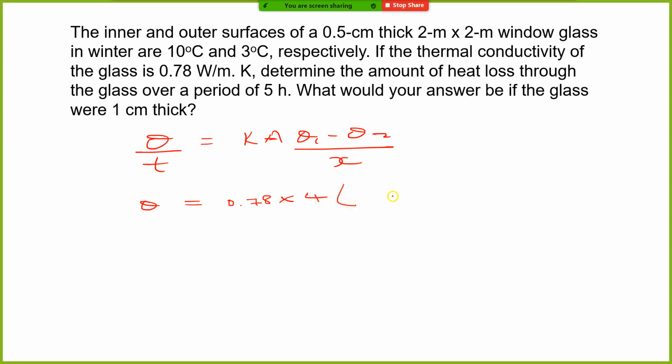Times that change in temperature, which is going to be 10 minus 3. Divide that by the thickness, which is 0.5 times 10 to the minus 2, and then we're multiplying that by the time. The time is 5 hours.